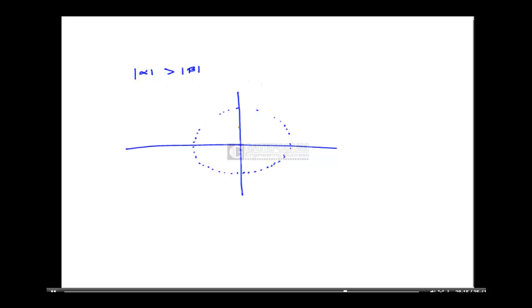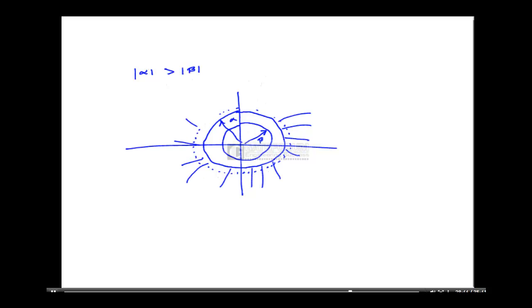So I can draw two circles. One circle is here for beta, one circle can be drawn anywhere, radius of this is alpha. So for the first case, mod z is greater than alpha, means region of convergence for the first series is lying outside. For the second series, the region of convergence is lying inside.